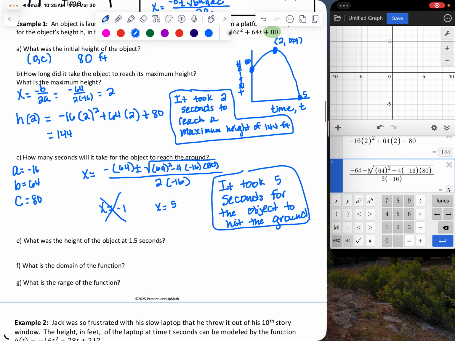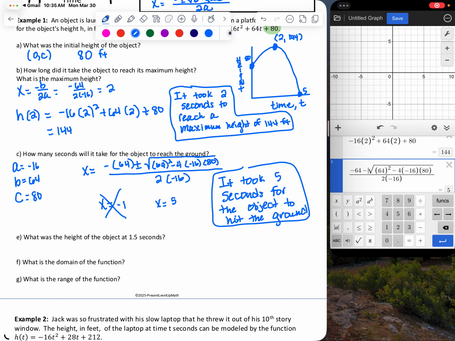All right, next question. What was the height of the object at 1.5 seconds? So this is telling me my x value is 1.5. So we're going to evaluate this function at f. Well, I'm sorry, the function name was h, wasn't it? We're going to evaluate this function at h of 1.5. So we'd say negative 16 times 1.5 squared plus 64 times 1.5 plus 80.